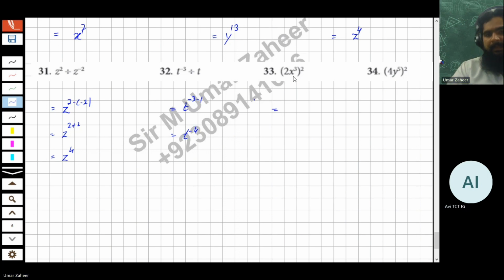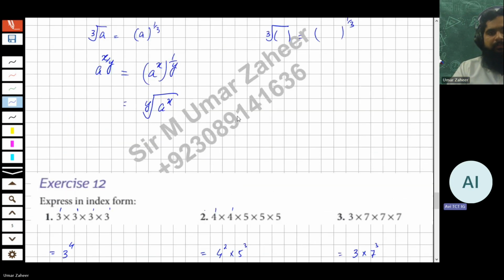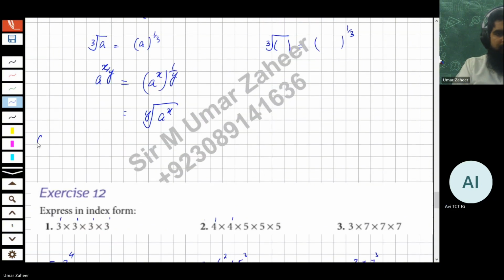Okay, one more thing. If you have two numbers and there will be a whole power on it, the power will be applied on each term. This is same for multiplication and division.